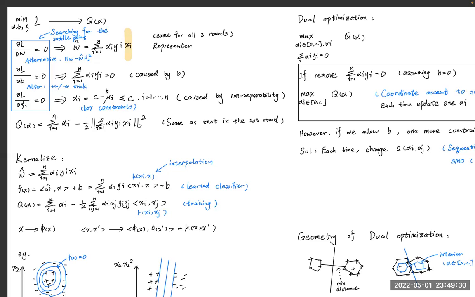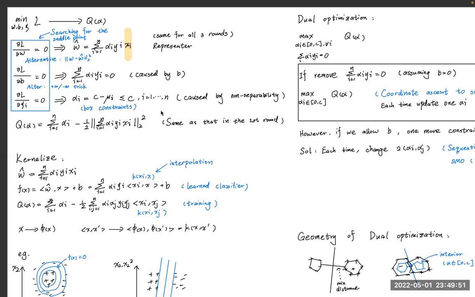Otherwise, we can also let the minimum go to negative infinity, so it cannot be the solution to the maximum problem, max over the dual parameters. So we have different ways of deriving these three equations.